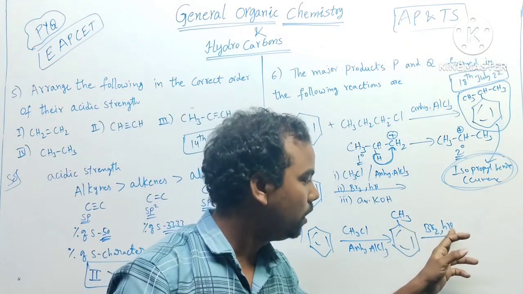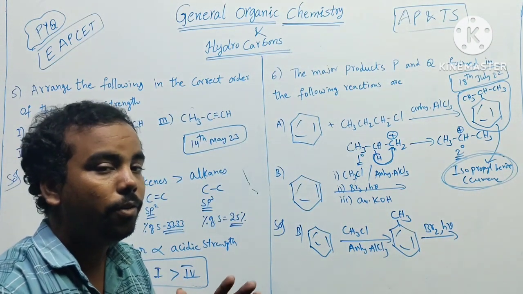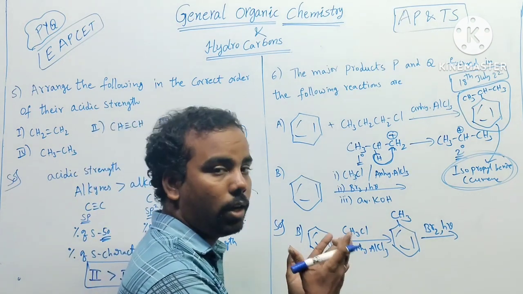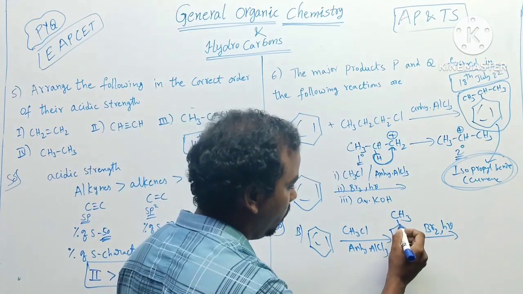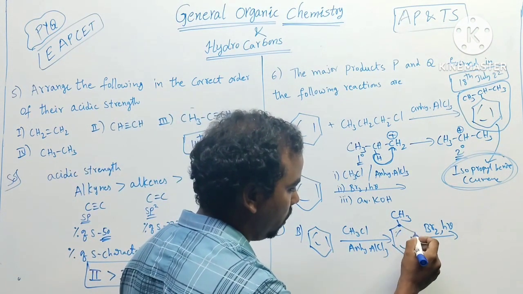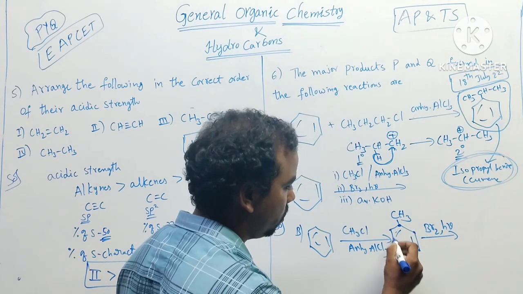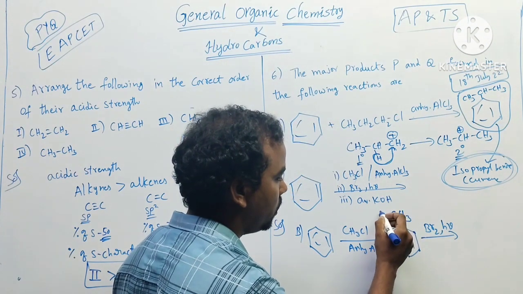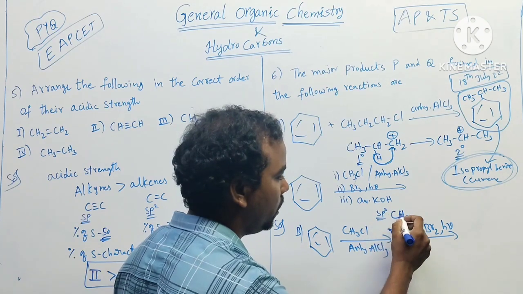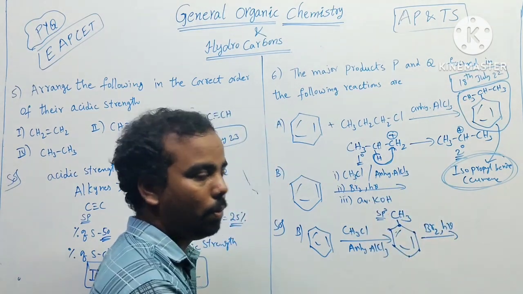In the presence of sunlight means free radical substitution on an sp3 carbon atom. The ring carbons are sp2, double bonds are present. Only the sp3 hydrogen is replaced by a bromine atom.